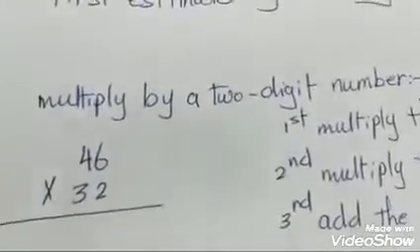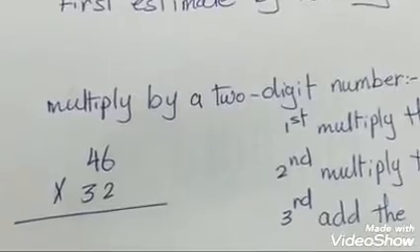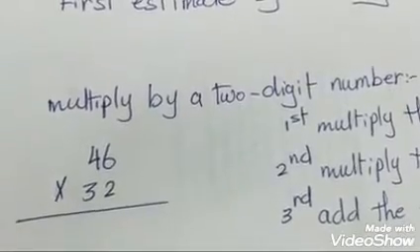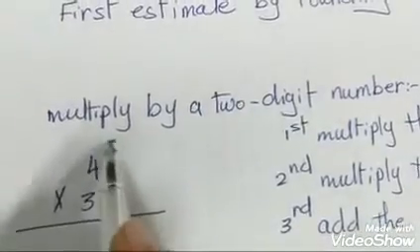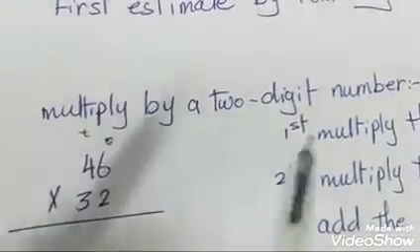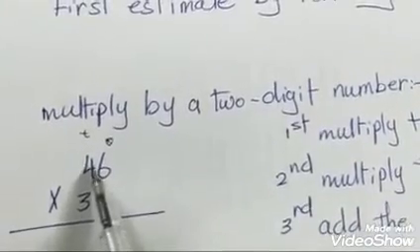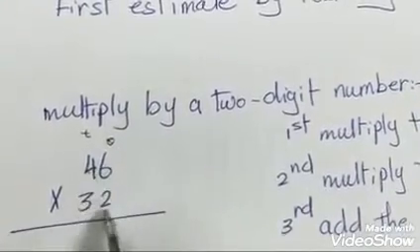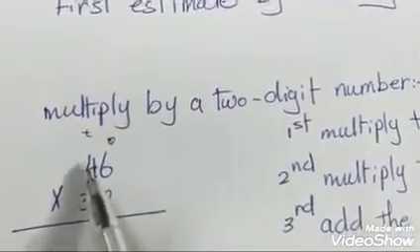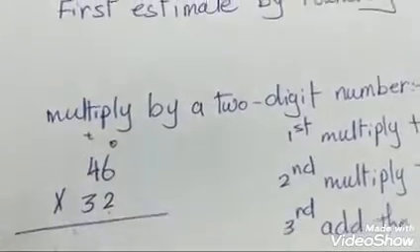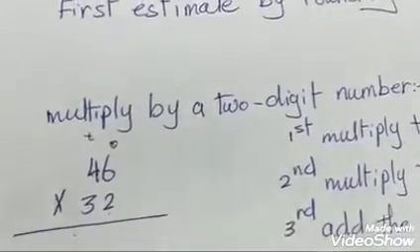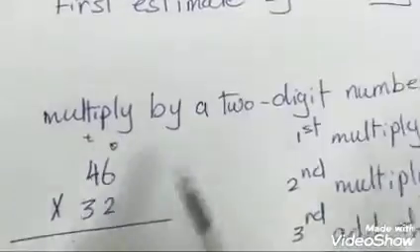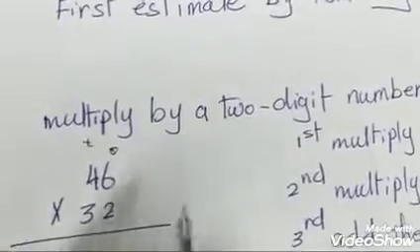Then, to have the exact result, first I have to multiply the ones. This is the ones, this is the tens, okay? Once to multiply 46 by 2, then to multiply 46 by 3, to get the partial products. 6 times 2 is 12.